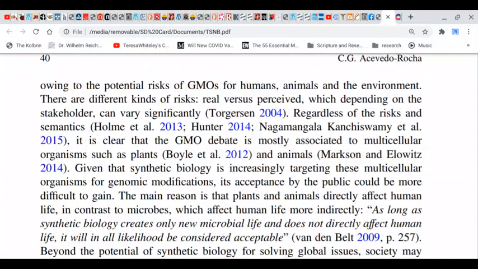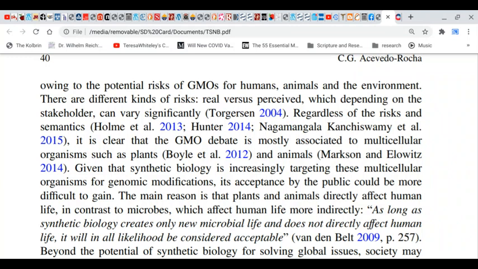Owing to the potential risk of GMOs for humans, animals, and the environment, there are different kinds of risks, real versus perceived, which, depending on the stakeholder, can vary significantly. Regarding the risk and semantics, it's clear that the GMO debate is mostly associated to multicellular organisms such as plants and animals.